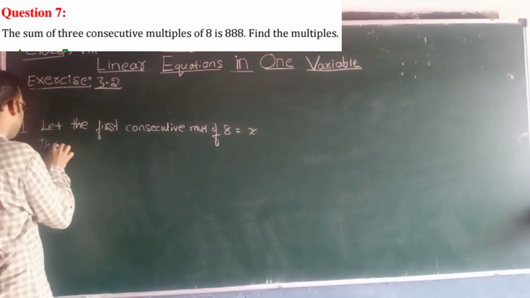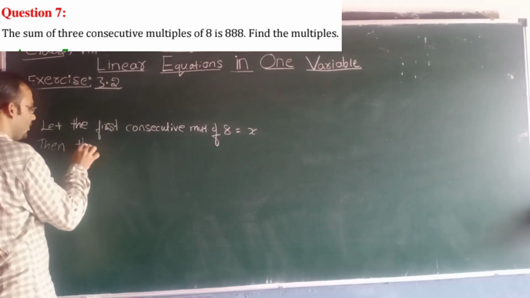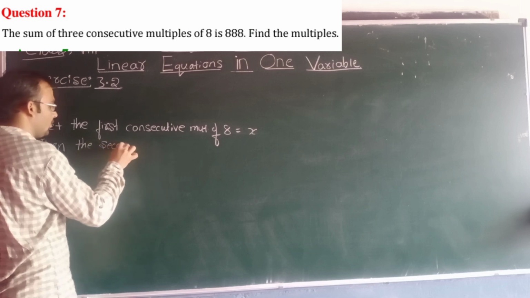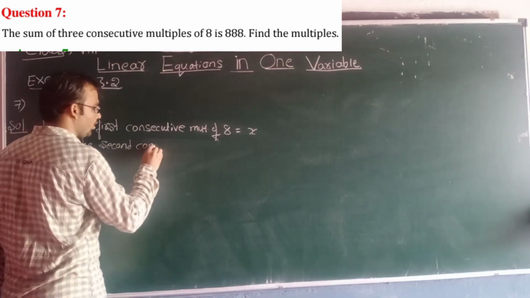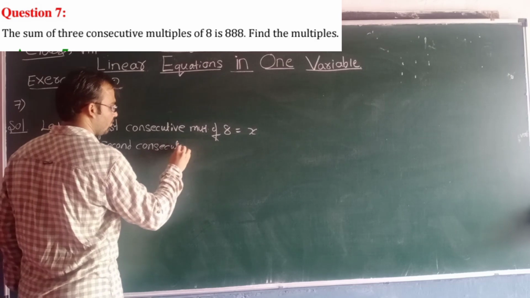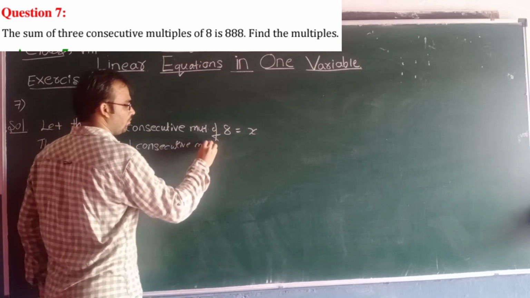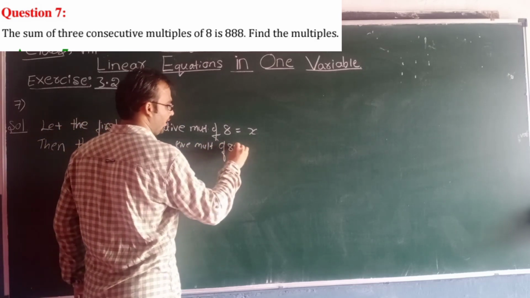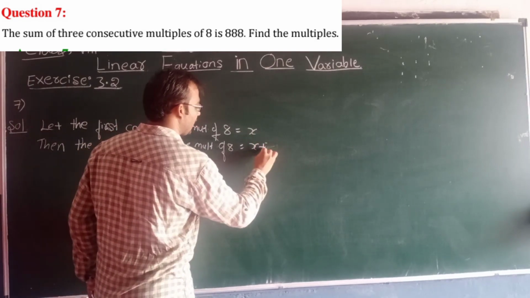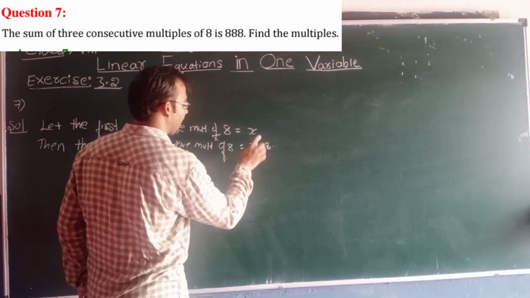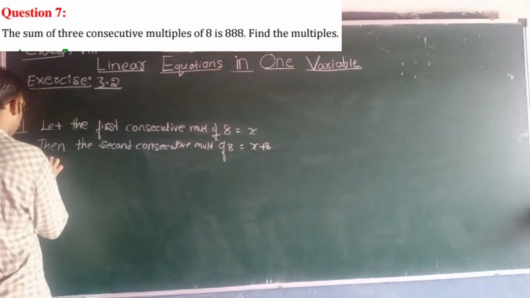Then the second consecutive multiple of 8 is equal to x plus 8. First is x, second is x plus 8.